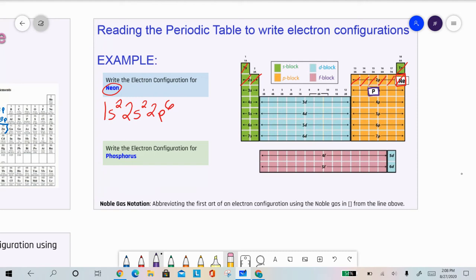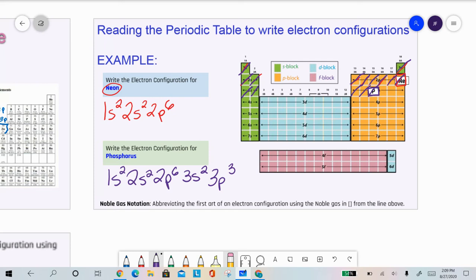So I have 1s, 1, 2. 2s, 1, 2. 2p, 1, 2, 3, 4, 5, 6. 3s, 1, 2. And 3p, 1, 2, 3. So my electron configuration for phosphorus is 1s2, 2s2, 2p6, 3s2, 3p3.